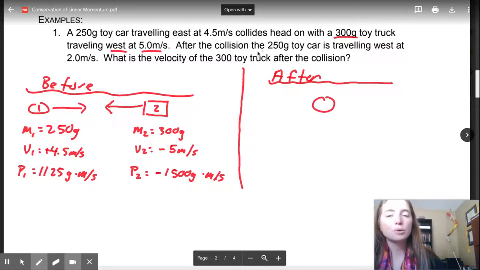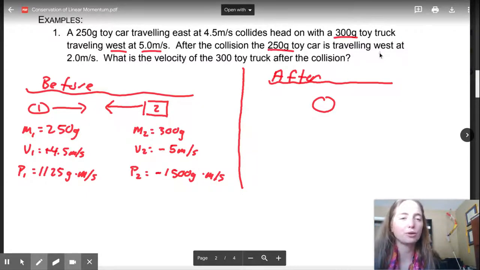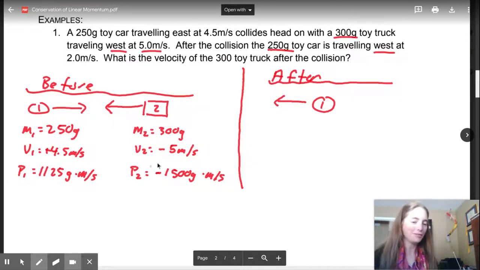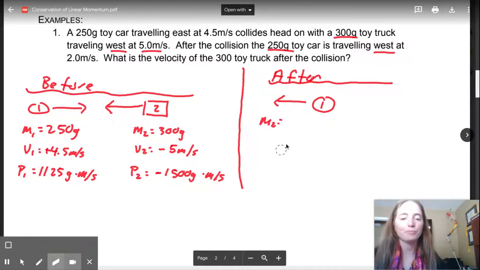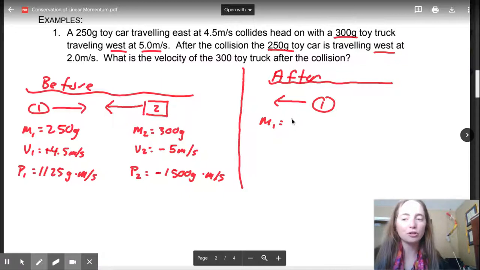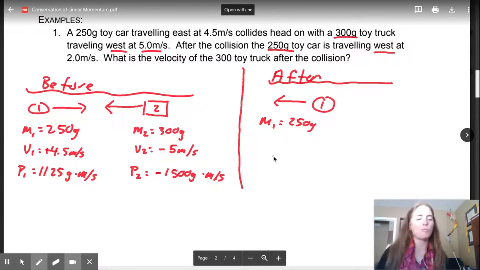Well, as it appears, after the collision, the 250 gram toy car is traveling west. So these guys have bounced off of each other. So M1, the mass of vehicle 1 hasn't changed. It's still 250 grams. So you don't have to put M1 prime because it's not changing.